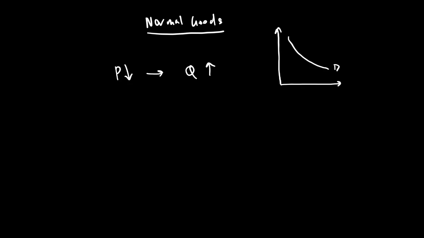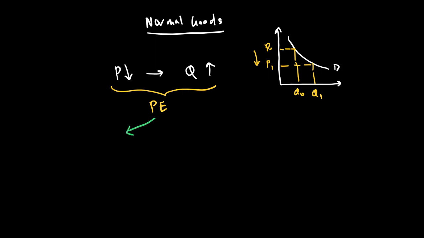This is what we call our price effect. And the price effect is made up of two effects which are called the substitution effect plus the income effect. We say they happen simultaneously, and that's why they make up our total price effect. So what is the substitution effect?